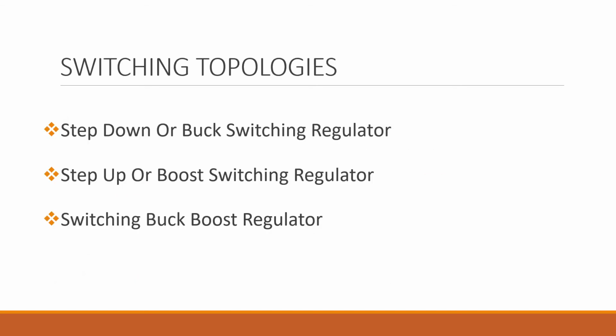There are three switching topologies mainly. First is step down or buck switching regulator. Second is step up or boost switching regulator. And third is switching buck boost regulator. Let us see them one by one.